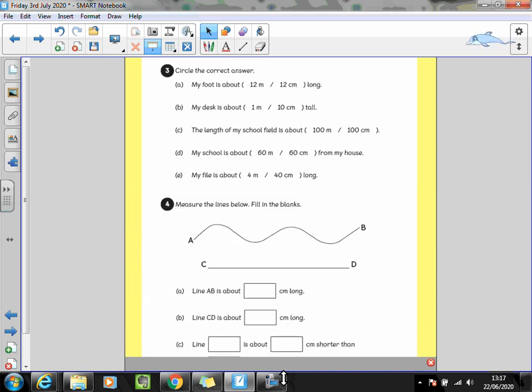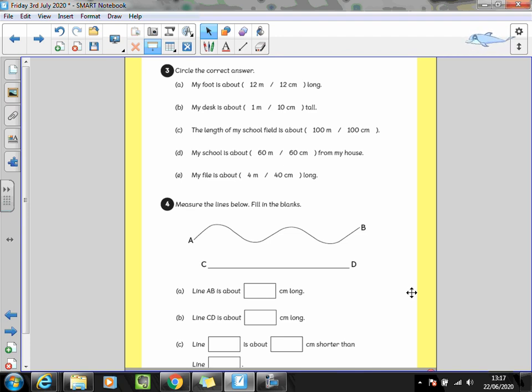Question 4, you might need some string here if you've got it available. Can you measure the lines below and fill in the blanks? The wiggly line, remember, we call that line AB because it goes from A to point B, and the straight line is called CD because it goes from point C to point D. Question 4a.